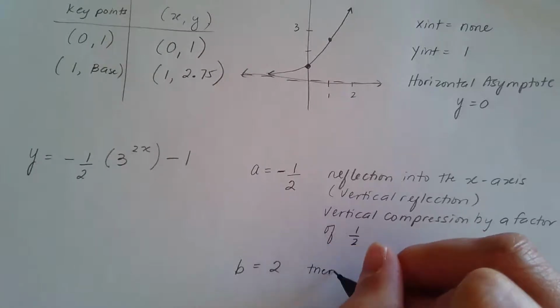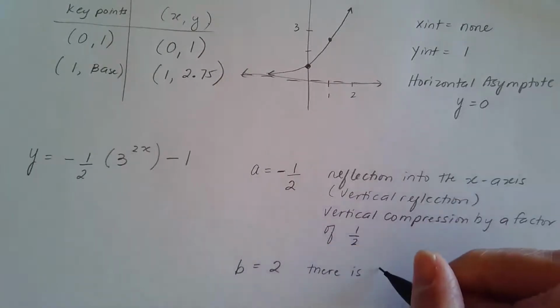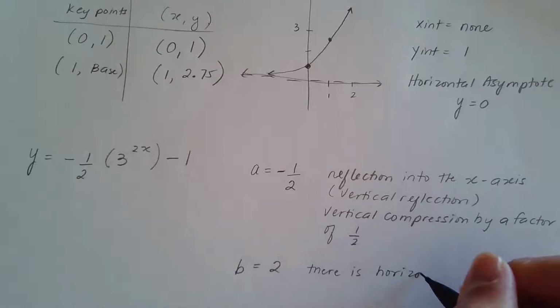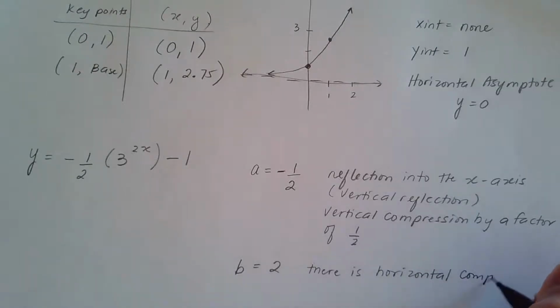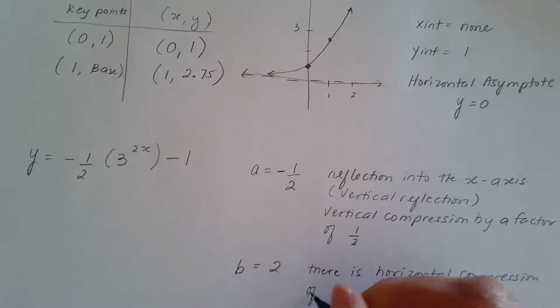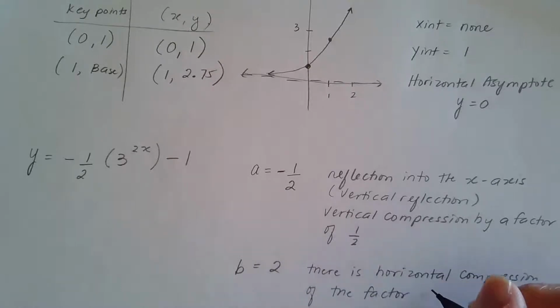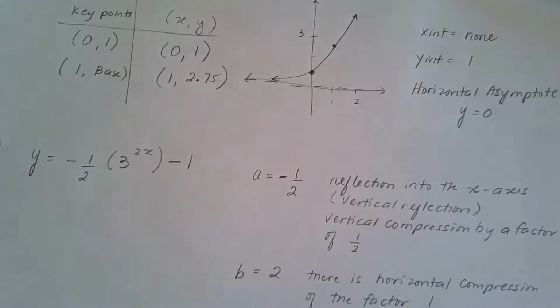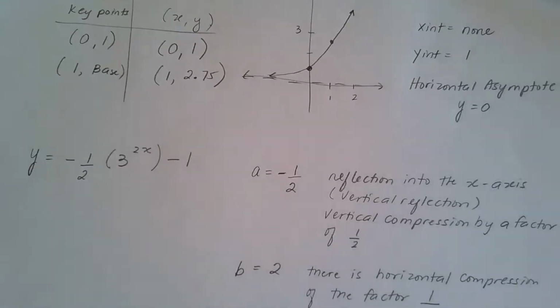There is a horizontal compression of the graph by a factor of 1 over b, which is 1/2.